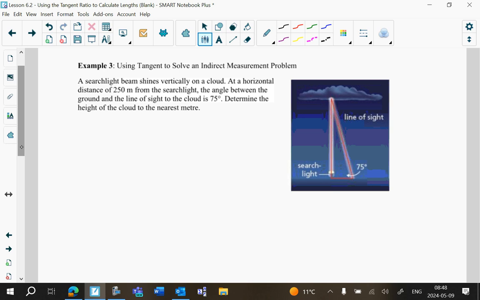So which one of these three is 250 meters? The horizontal one. And which one am I trying to find? The vertical one. I don't have capital letters on the end, so I'm just going to use a lowercase letter. I'm just going to call it H for height.